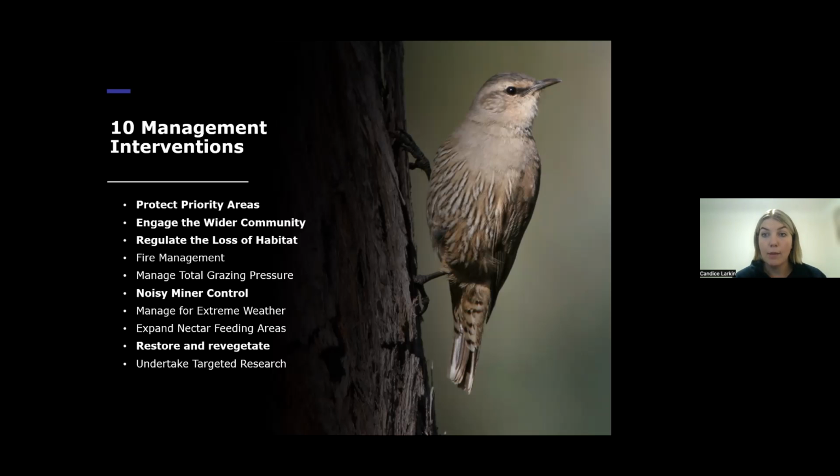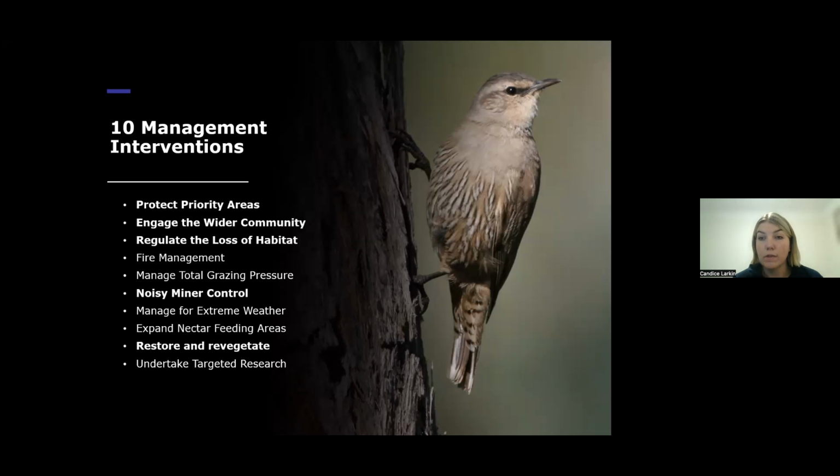While the CAP was developed by BirdLife, it was designed to be an integrated approach. BirdLife is mostly focusing on the five that are in bold there, which are protecting priority areas and engaging the wider community, regulating the loss of habitat through lobbying, noisy miner control, and restoring and revegetating habitat.